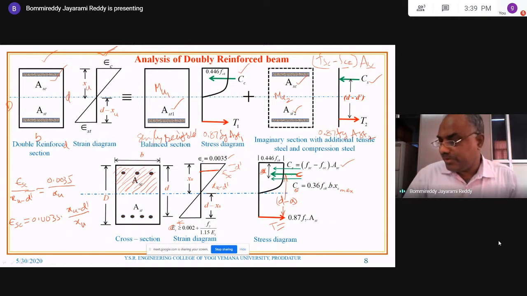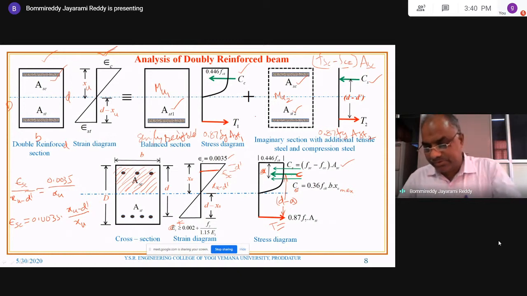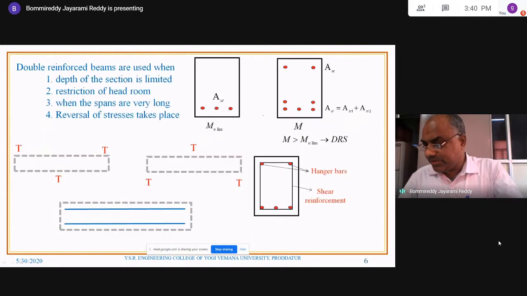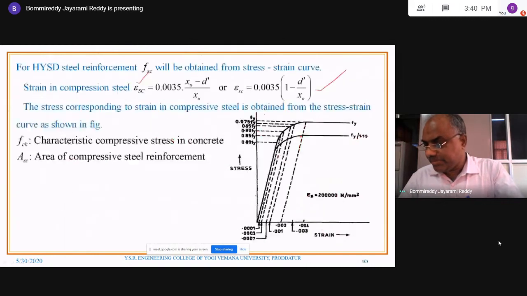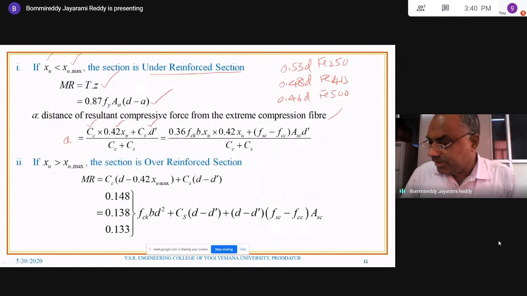Whether it is an under reinforced section or over reinforced section, this is nothing but a balanced section. And whether under reinforced or over reinforced depends on ASC and also AST. So in the examination, for the sake of simplicity, you need not use this particular equation.